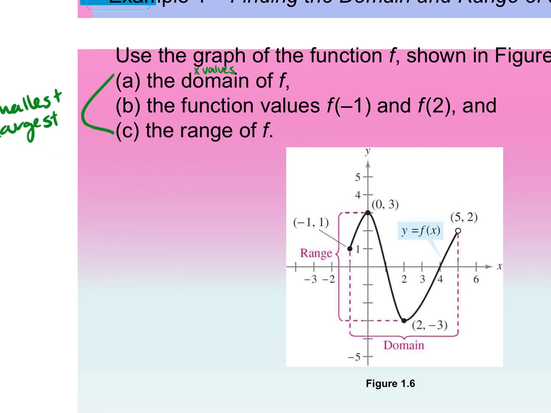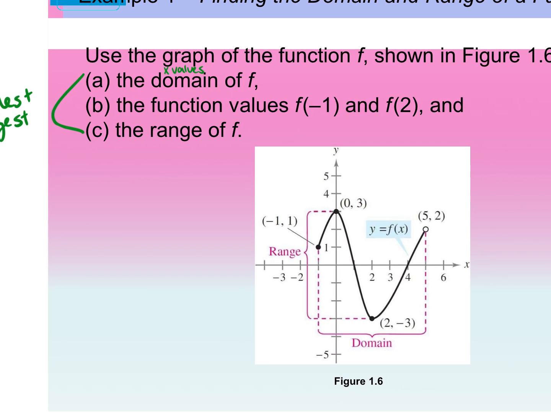So domain, we're talking about the smallest x value that our graph has. So what's our smallest x value that our graph touches or goes to? -1. And it's a closed circle, so it'd be bracket -1. What's the largest x value that our graph has? 5. And since 5 has an open circle, it'd get a parenthesis.